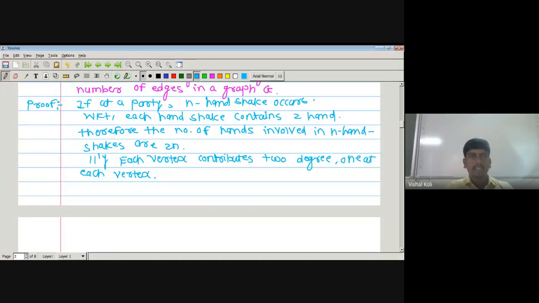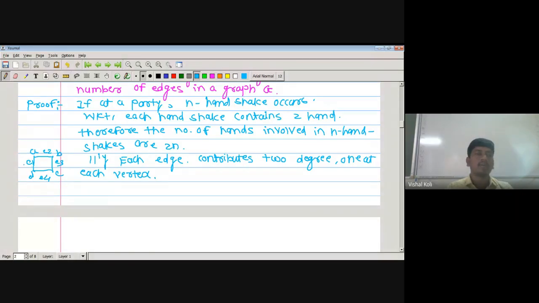Sorry, each edge, there is a small mistake. Each edge contributes 2 degree, 1 at each vertex. That is, if there is a graph with vertices A, B, C, D and edges E1, E2, E3, and E4, then each edge contributes 2 degree, 1 at each vertex.